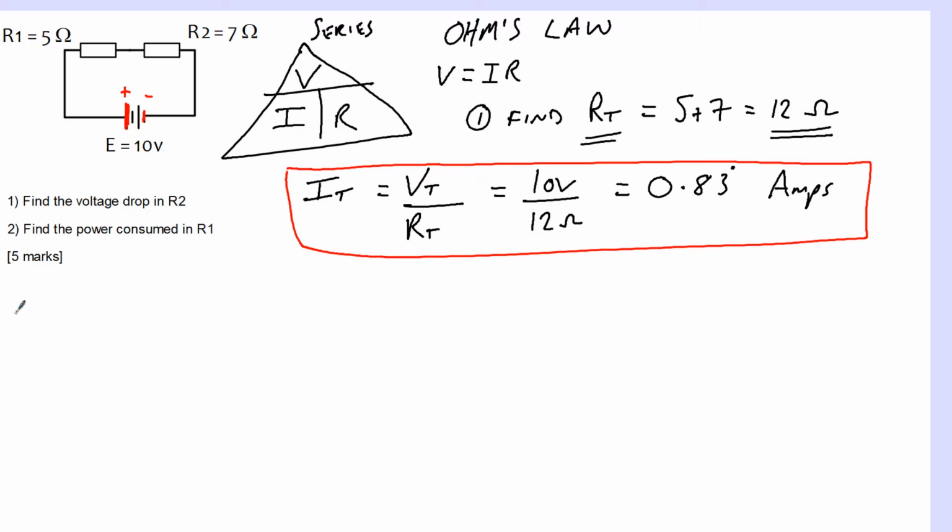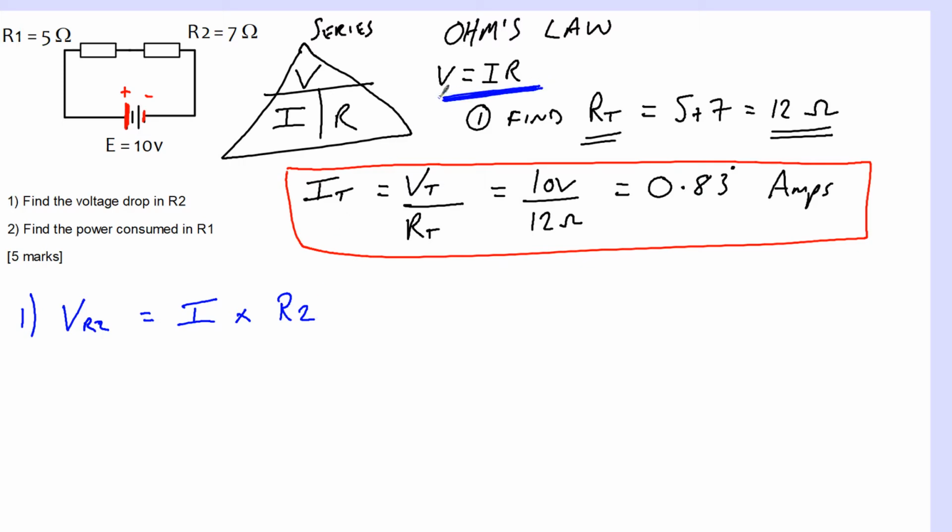So now we can actually find out some values. First of all, we have to find the total resistance and the total current through that total resistance. Now we can single them out individually. So for question 1, we can actually do it now. The voltage drop across R2, because a voltage drop is between 2 points, I'm going to call it VR2, which is the voltage across R2, which is the voltage across here, is equal to the current, because there's only one current flowing, times R2 itself, because Ohm's law, remember V equals IR.